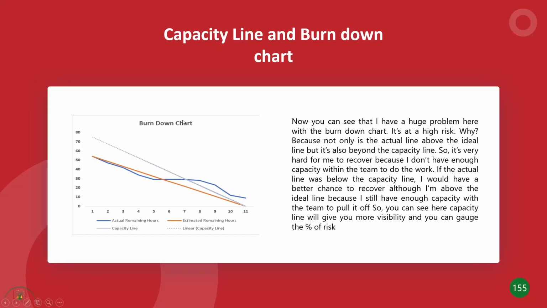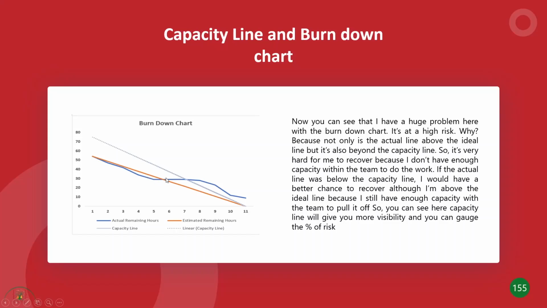Now, in this chart, I have a big problem with the burn down, and it's actually high risk. And why is that? You might say that, hey, my ideal line, the orange line, is here.